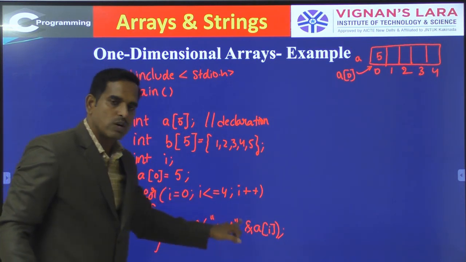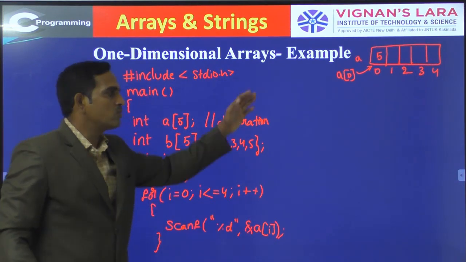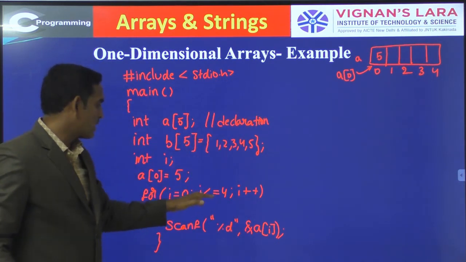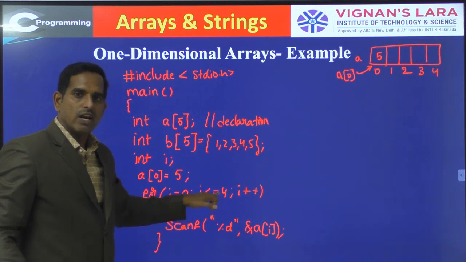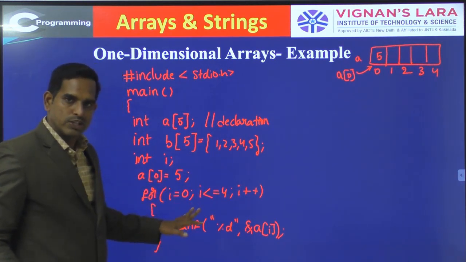When I value is 1, it will go into A of 1. When I value is 2, it will go into A of 2, then 3 and 4. Okay, when your I value is 5, it will exit the loop.